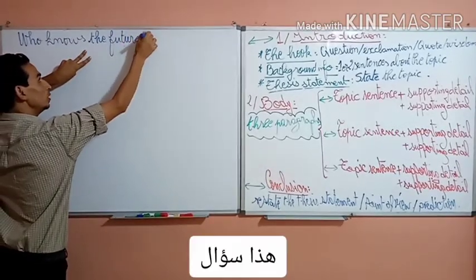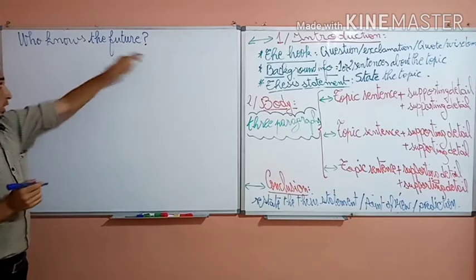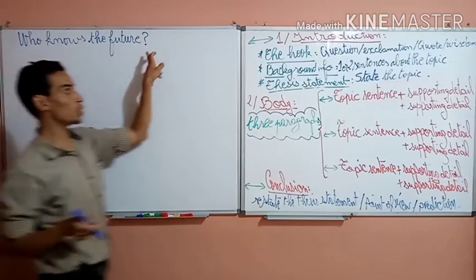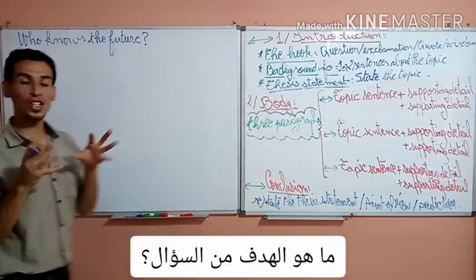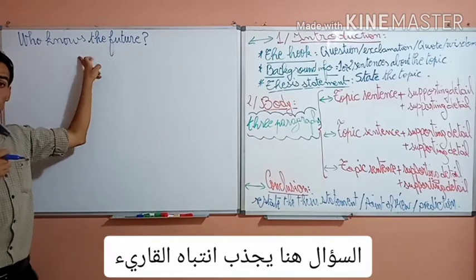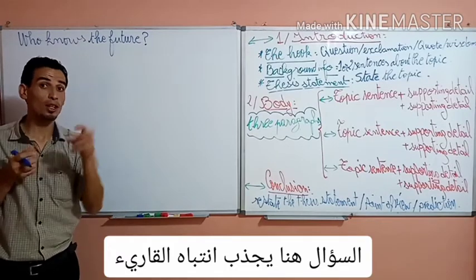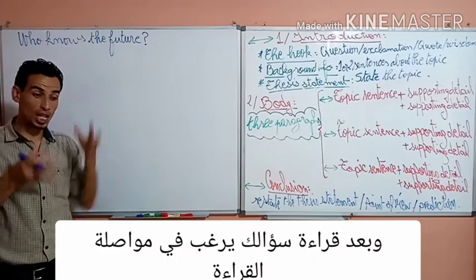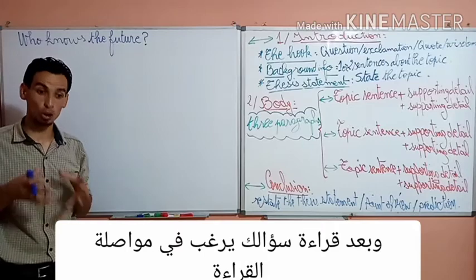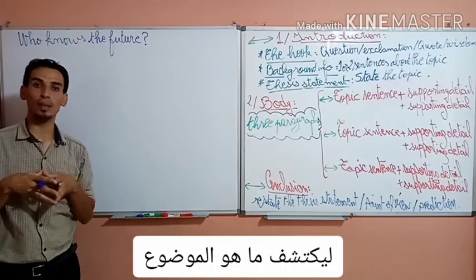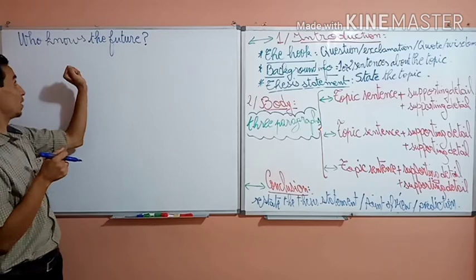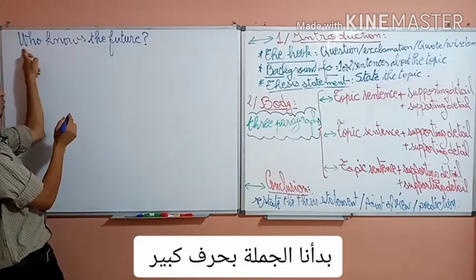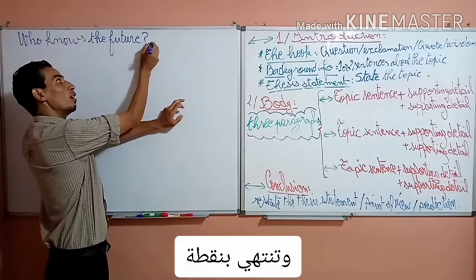This is a question. We have left indentation here and we have started with a question. What is the aim of the question? The question here attracts the reader's attention. And after he reads your question, he wants to continue reading to discover what the topic is. We have started a sentence with a capital letter, so it ends with a full stop.